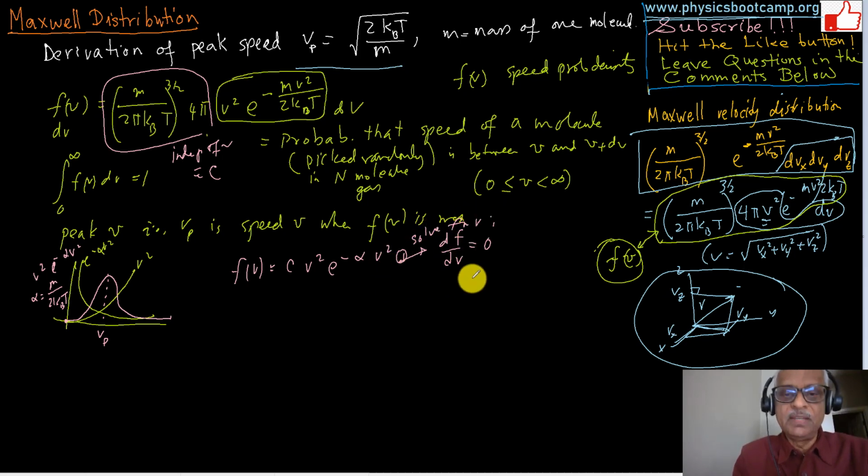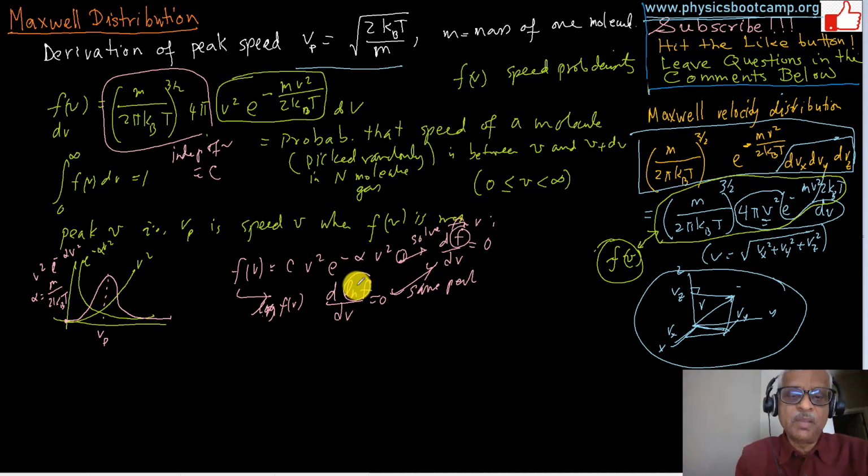Another way is to take a log of this, ln f, because it's all exponential, so d ln f/dv equals 0. These will give the same peaks. Why? Because log is a monotonic function.